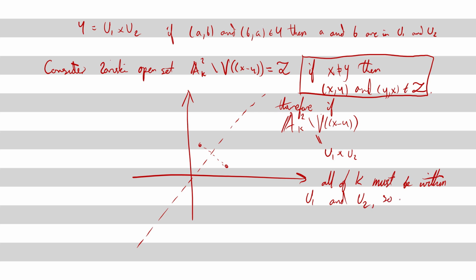So if it is of this form, then AK2 minus our vanishing set of x minus y equals, sorry, that does not equal, minus our vanishing set is AK1 times AK1, which we have canonically identified with AK2 as a set.